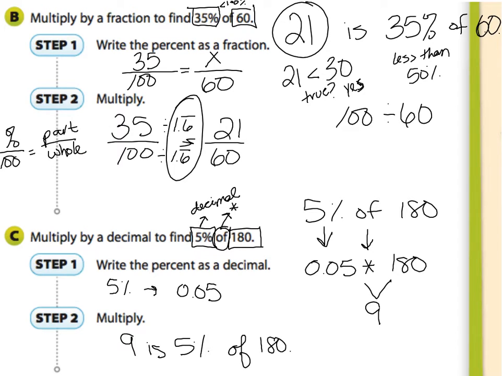For your equation, it's always going to be your percent times your whole, and that'll equal your part. I would make sure to have this written down in my notes somewhere. Both of them.